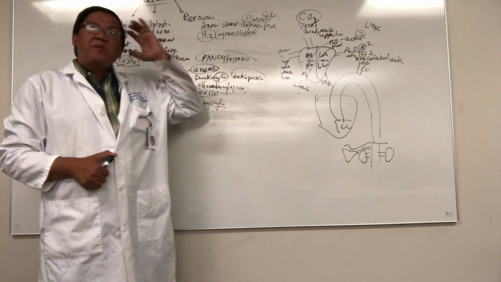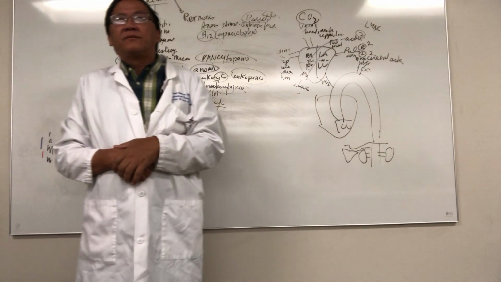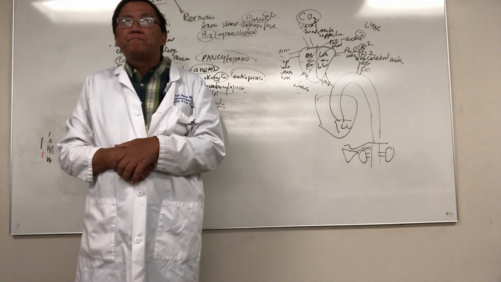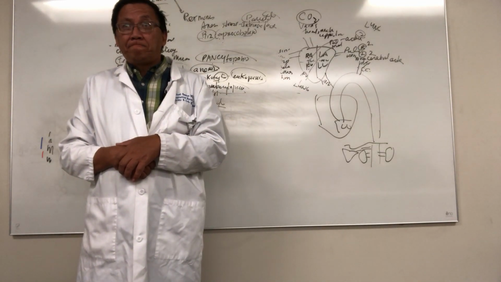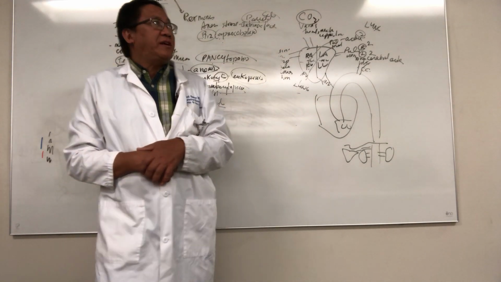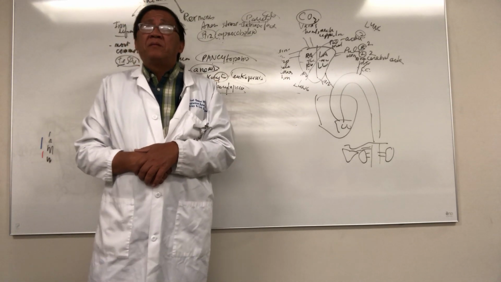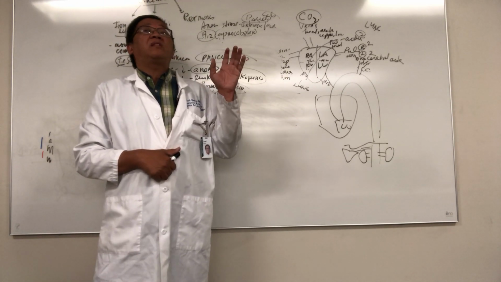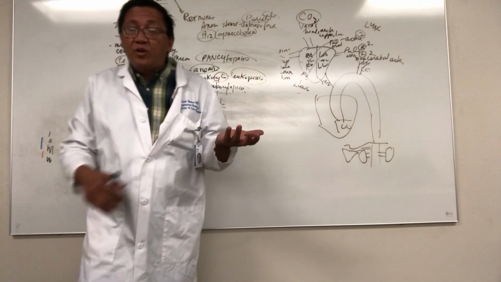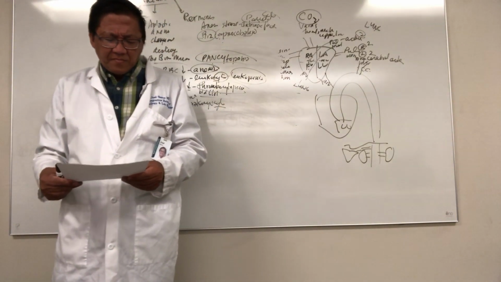Because why? Because you need B12 for what? You understand? Is that clear? Okay. So it's important, therefore, as you can clearly see here, that there are many forms of anemia. But the most important thing is knowing what is produced, and therefore what happens in these kinds of anemia. Okay?